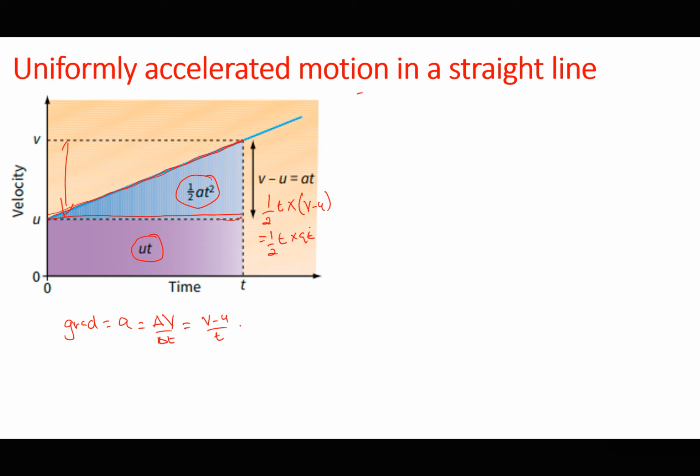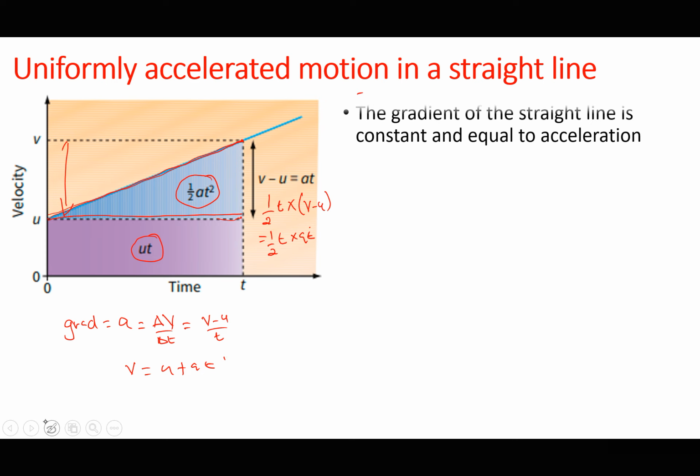So from this, we can come back to what we have already derived, that v is equal to u plus at. So let's first concentrate on just using the gradient to derive v equals u plus at. I have just mentioned that the gradient of the straight line is constant and is the acceleration.